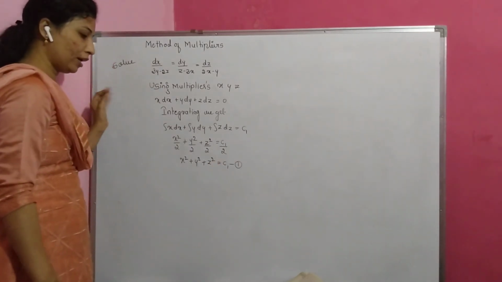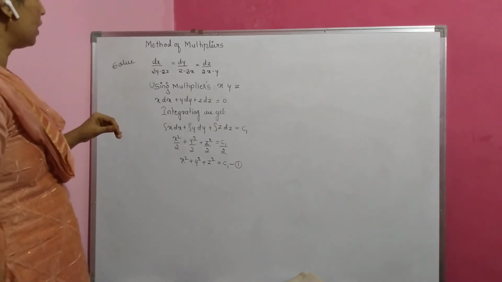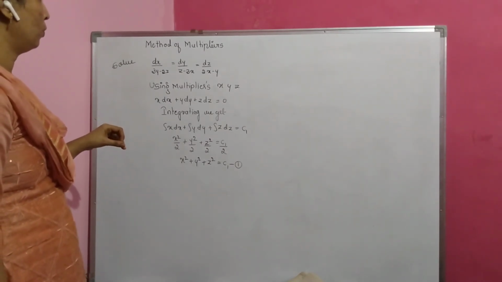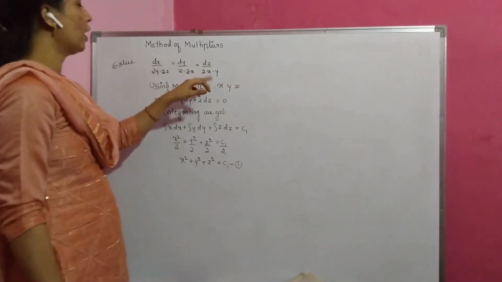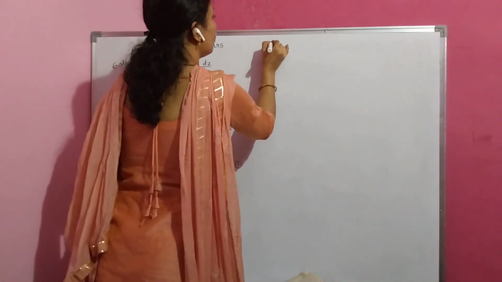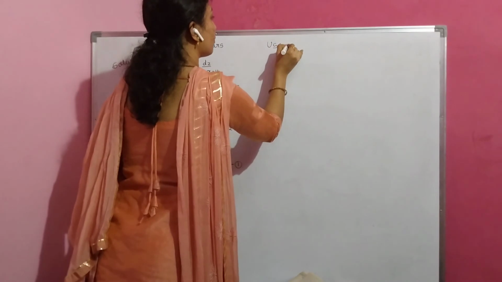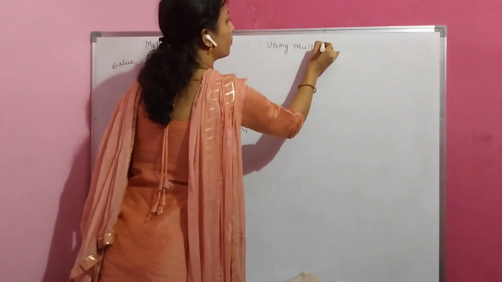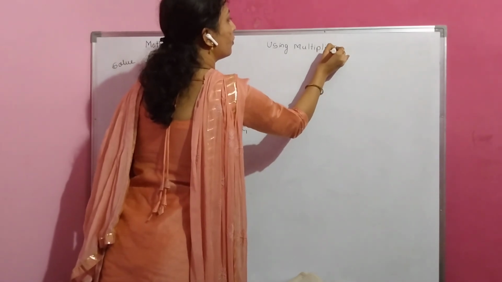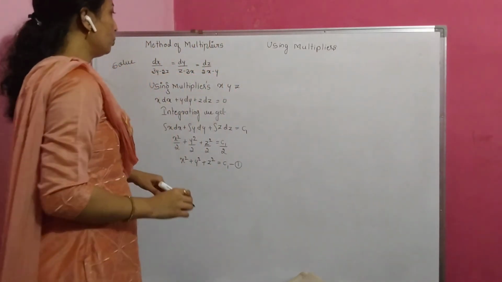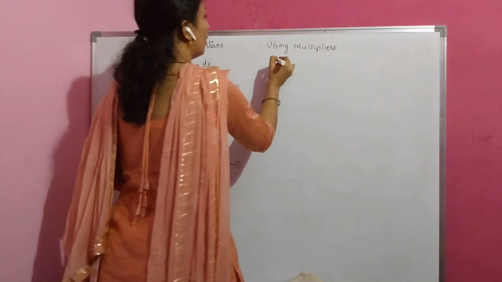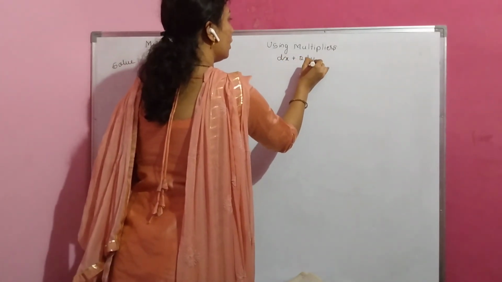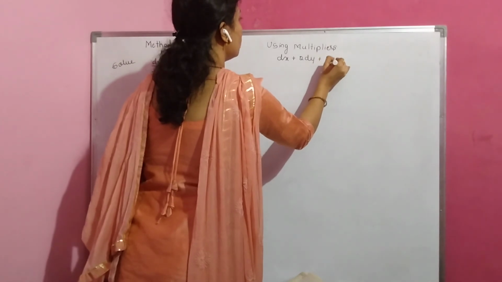Then next again here we have to use the multipliers 1, 2 and 3. So it is dx plus 2 into dy plus 3 into dz.